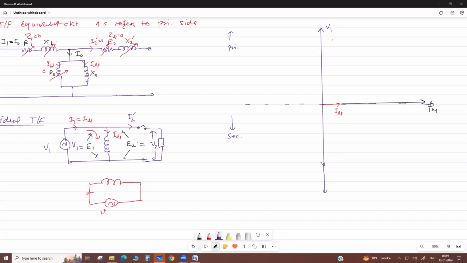They are opposite to V1. Okay, they are at 180 degrees. Why? By Lenz's law, it opposes the applied voltage. Now it depends on the number of turns. There are E2 and E1. Actually these are equal but opposite. We write V1 equals minus E1. Okay, polarity is negative. And V2 equals E2, so E2 equals V2.